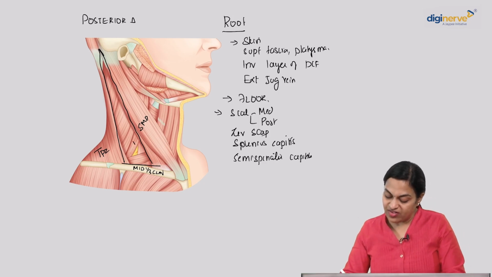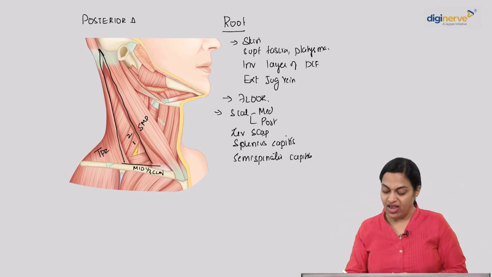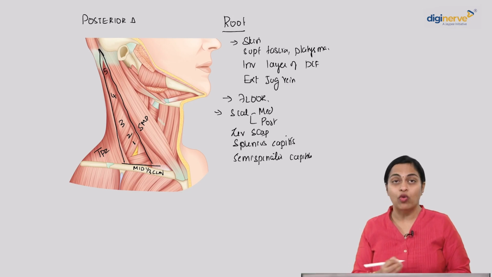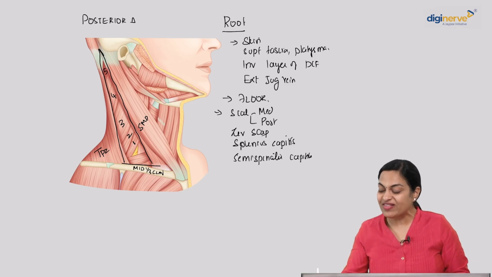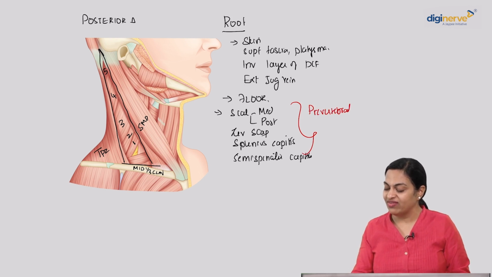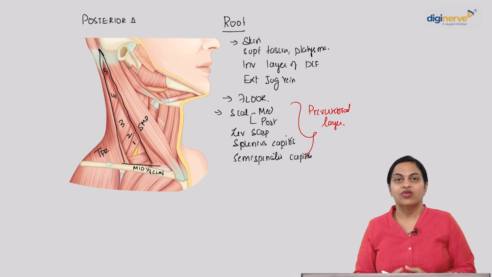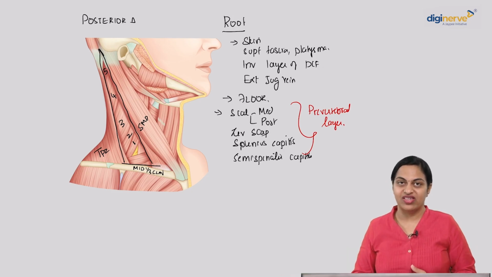This is scalenus medius, and then we have the scalenus posterior in a long neck, people. Okay, it's much visible. And this is levator scapulae, splenius capitis, high above semispinalis capitis. These muscles are covered by the prevertebral layer of deep cervical fascia. Okay, it carpets it. So the investing layer of the deep cervical fascia lies in the roof. The prevertebral layer lies in the floor.